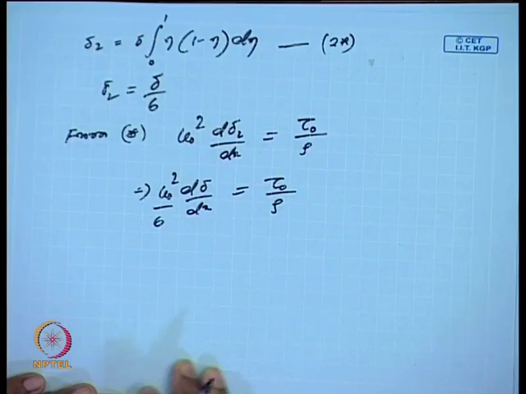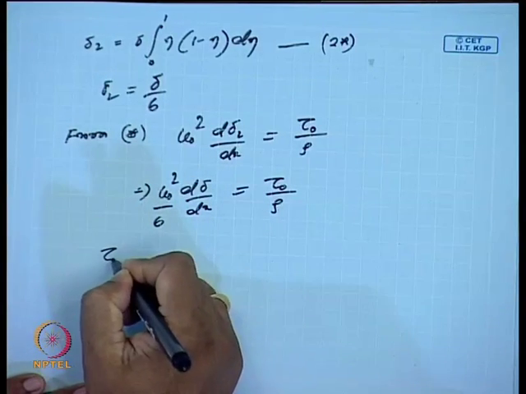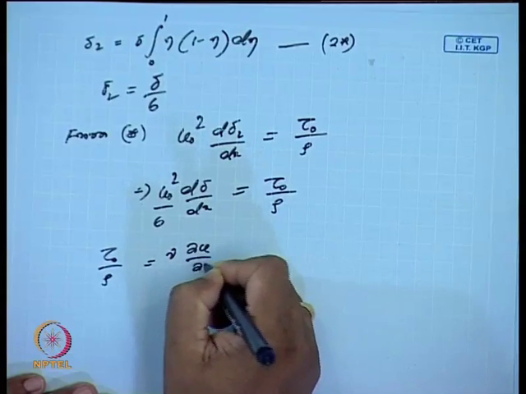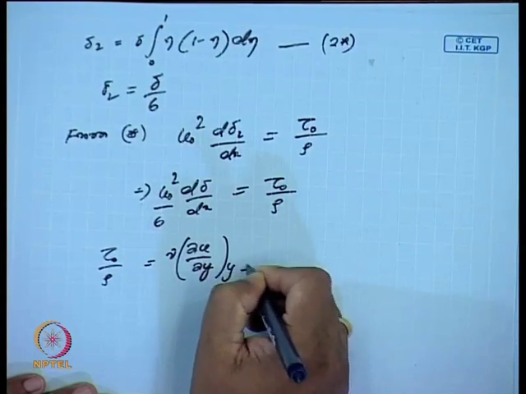But what is tau naught by rho? It is nu into del u by del y at y equal to 0.